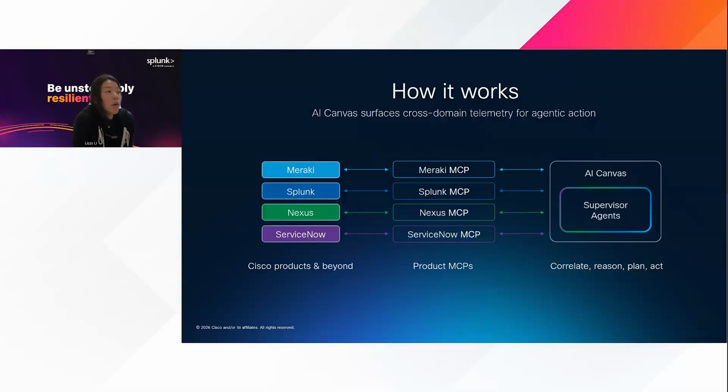It'll send out a request to the Splunk MCP server, which will then use the Splunk AI Assistant on the back end to generate relevant SPL for that query. We'll execute it, and then we'll return the results back to AI Canvas so that you can get a summary, see some key insights. You can see the search results directly as well, and then go from there to continue on your investigation.